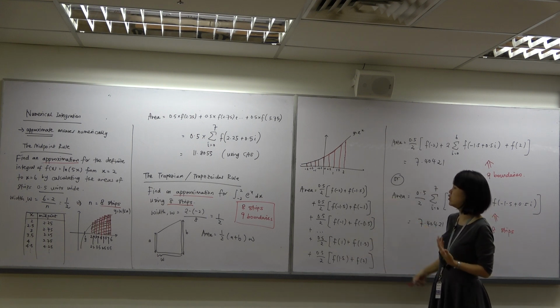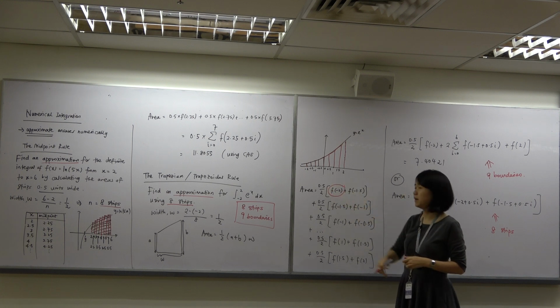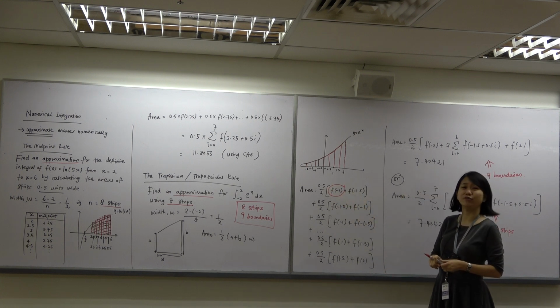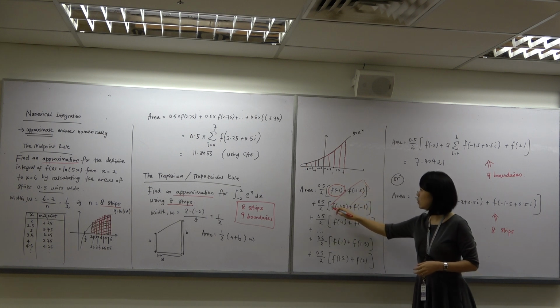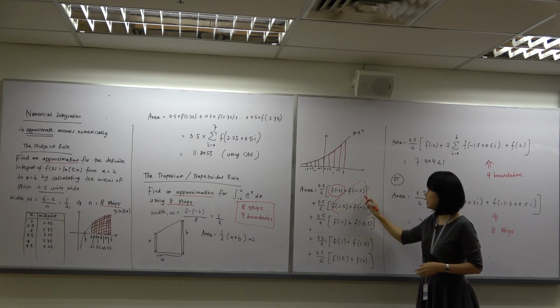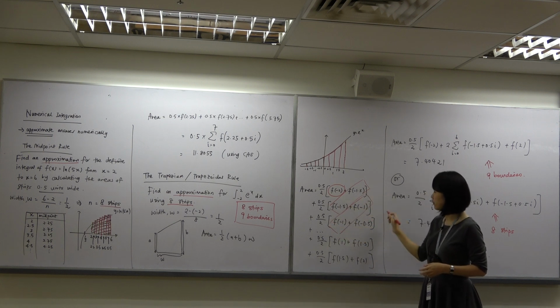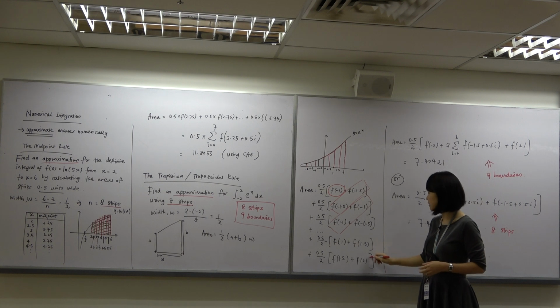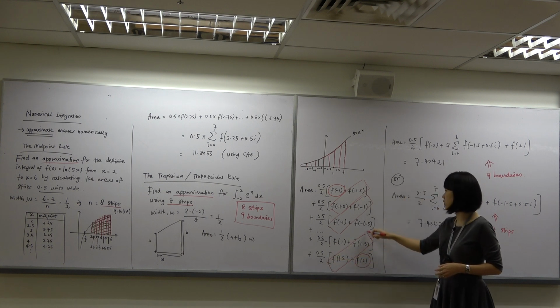So what sort of pattern do I see over here? The first term, f(-2), appears once. The second term appears twice. And then the third also twice. The fourth, the fifth, up until the last, you're going to have one term again. And the second last will be appearing twice again.